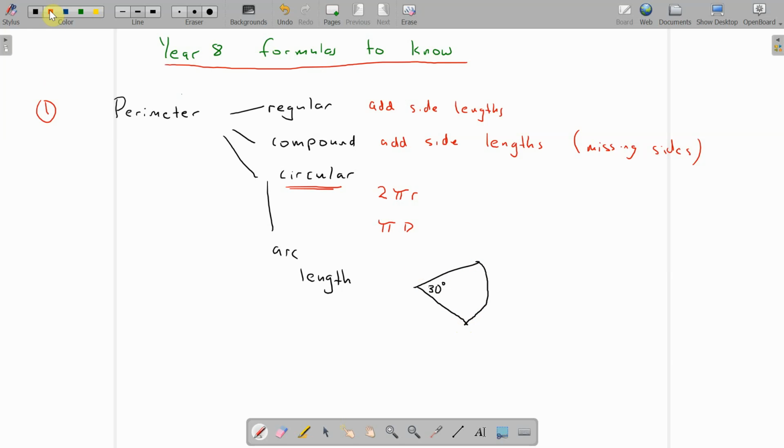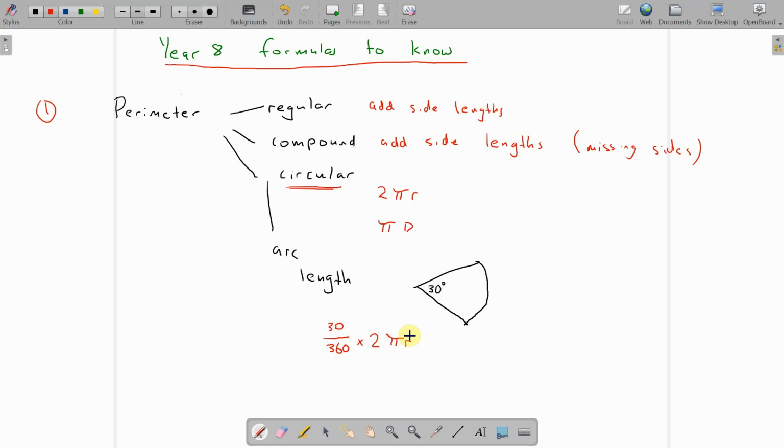What you do is take the formula 2 pi r, because we've got a radius involved here. But because it's only a part of a circle, we have to use a fraction, in this case using the angle. That's the whole circle, and that's our angle here.